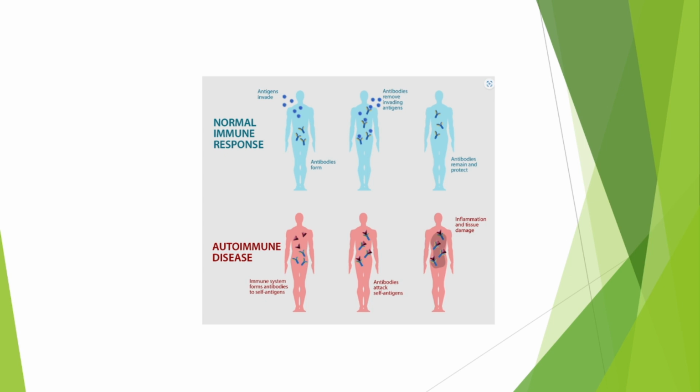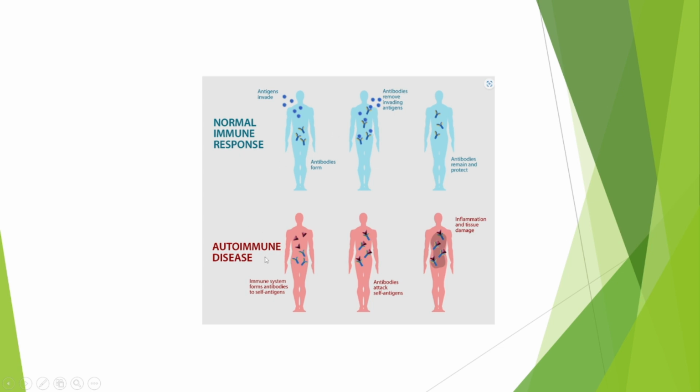This diagram shows the normal immune response and autoimmune disease. For the normal immune response, an antigen invades, then the body produces antibody, then the antibody removes the invading antigen, then the antibody remains and protects the body from further antigen invasion.